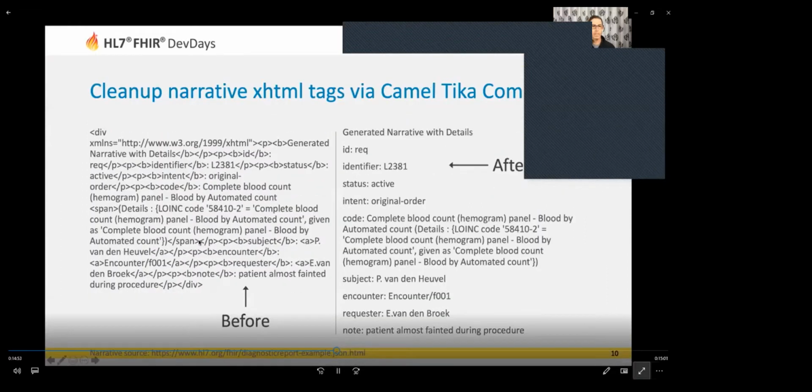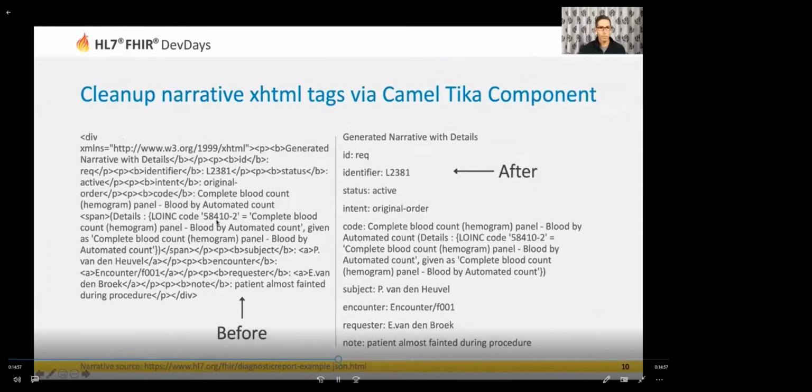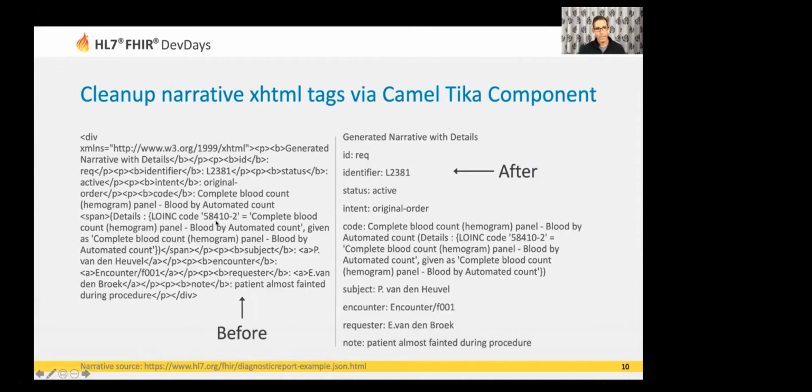So over here on the left, you see what those narratives look like in FHIR before we pass it through Tika. So this is what it looks like before, and this over here on the right is what it looks like after. So you notice that Tika not only strips out all those tags, but it maintains some level of formatting that was inherent in those tags.